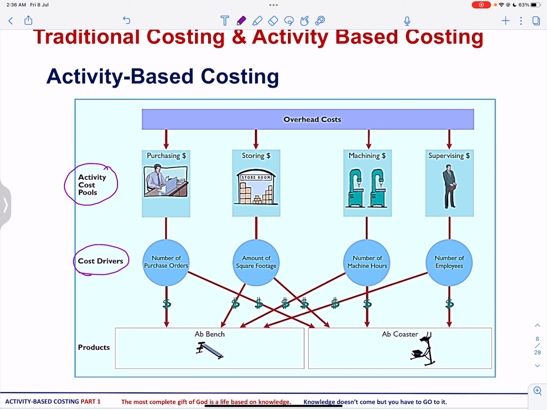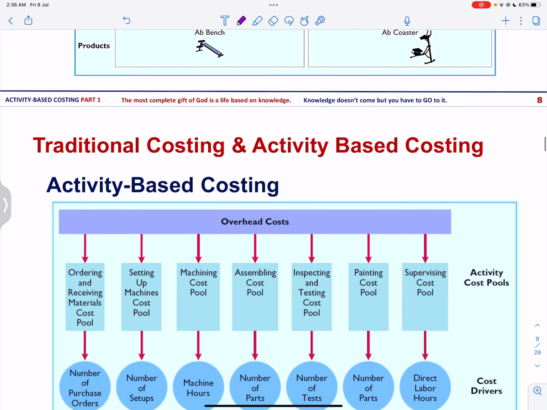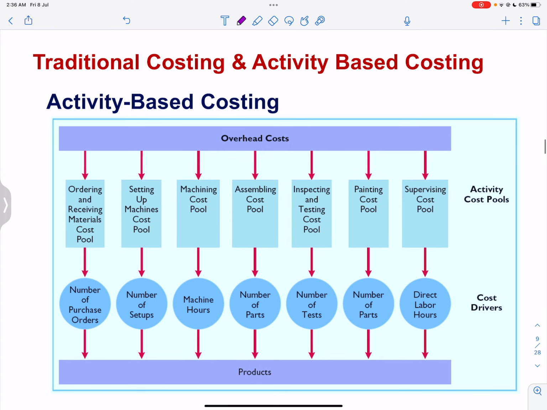So we have activity cost pools, and we have cost drivers: any factor or activity that has a direct cause-effect relationship with the resources consumed. The more complex a product's manufacturing operation, the more activities and cost drivers are likely to be present.